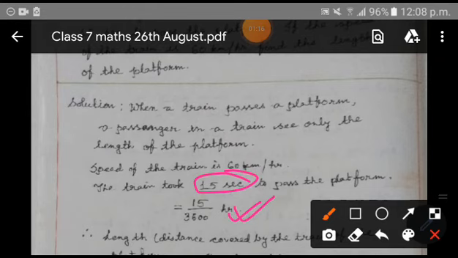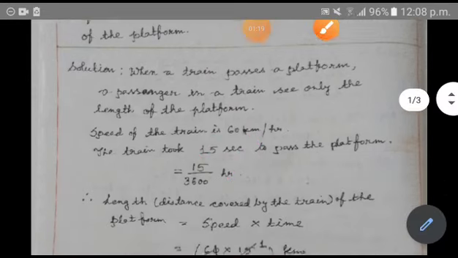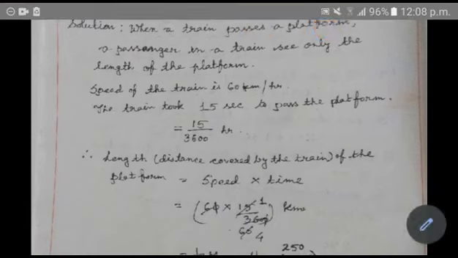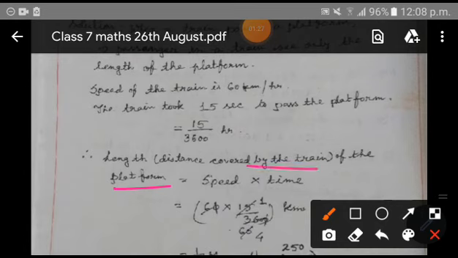This is the time. Now the length will be equal to the distance covered by the train. That is the length of the platform. Why? Because here only the length of the platform we will find out by multiplying the speed into time.